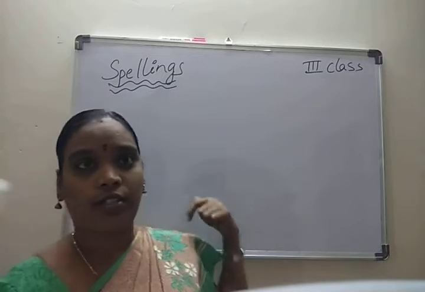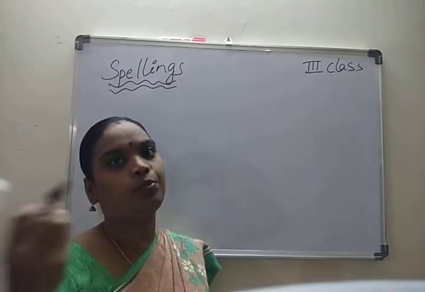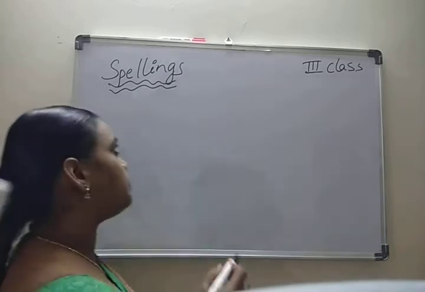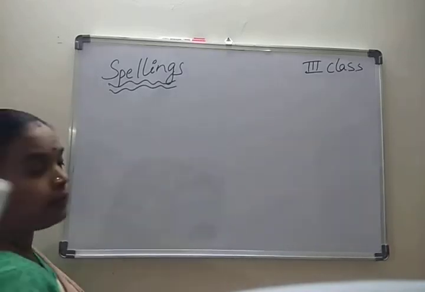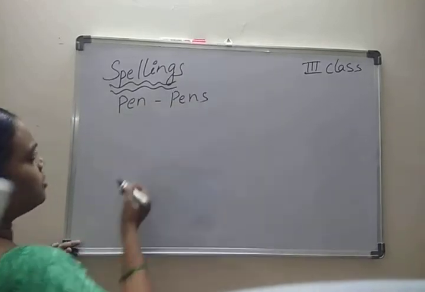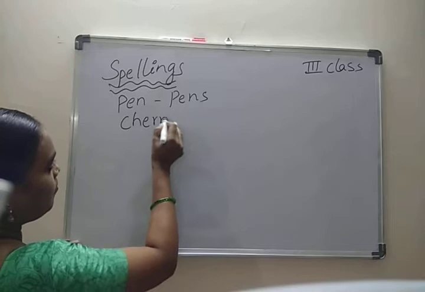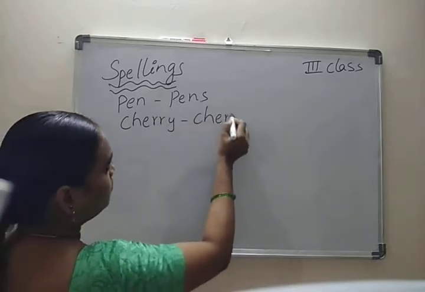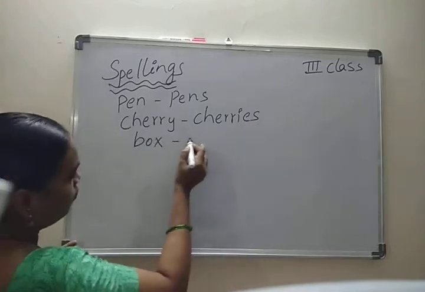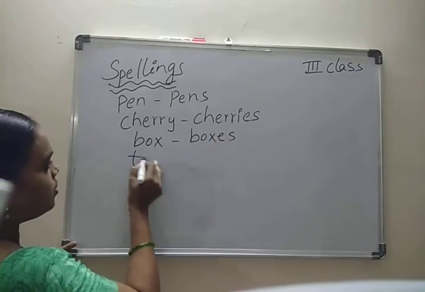Now here I am going to explain singular and plural. While you are changing a singular word to plural, what changes will occur? What do you have to change? Tell me some singulars and plurals, children. Cherry. Box or fox. Next, tomato.